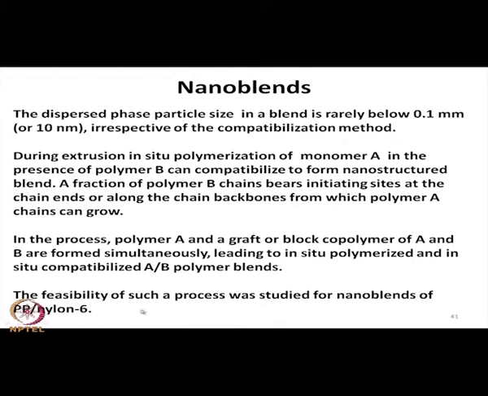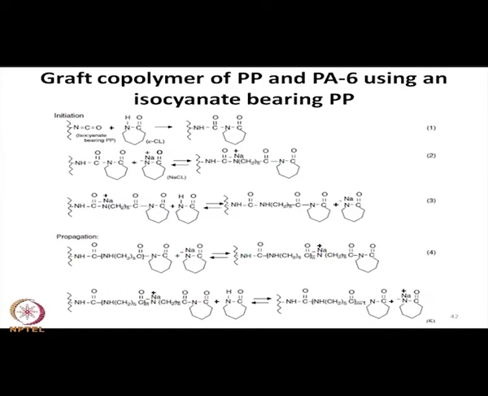The feasibility of such a process was studied for nano blends of polypropylene with nylon 6. So, this reaction scheme shows a graft copolymer of polypropylene and polyamide nylon 6, PS6 meaning nylon 6, using an isocyanate bearing polypropylene. Here you see, this is a polymer bearing an isocyanate group, NCO group, and this is the caprolactone.